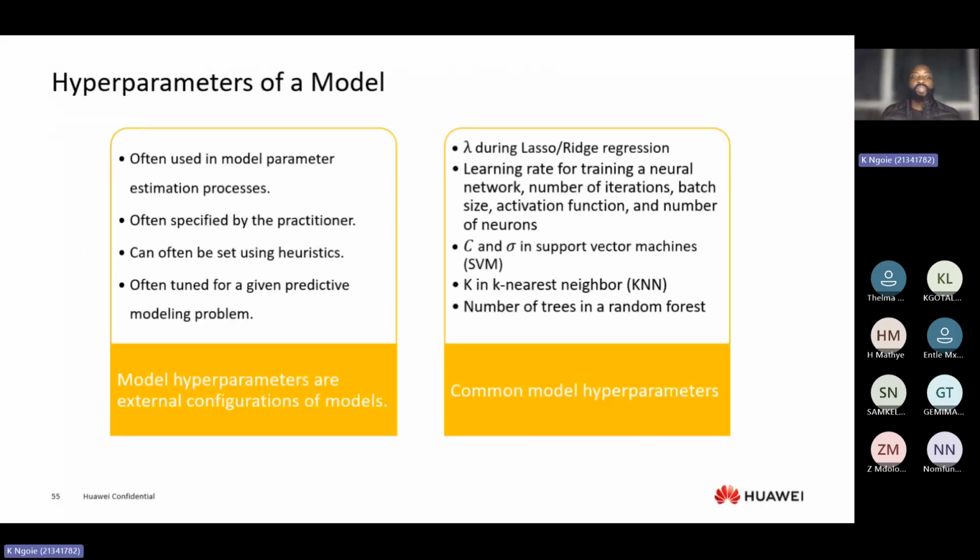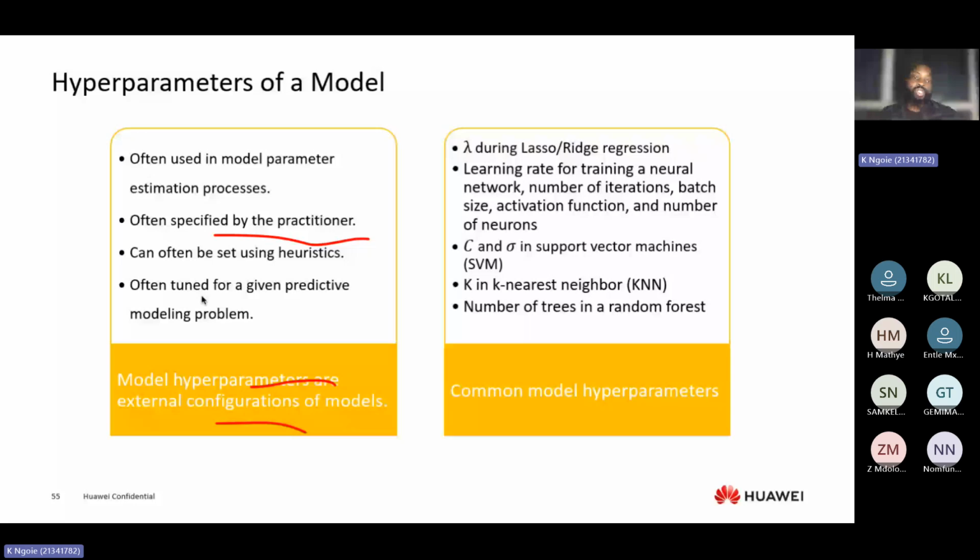In a model, we need to know that hyperparameters are just external settings. They are specified by you as a developer or practitioner. So we can tune them.